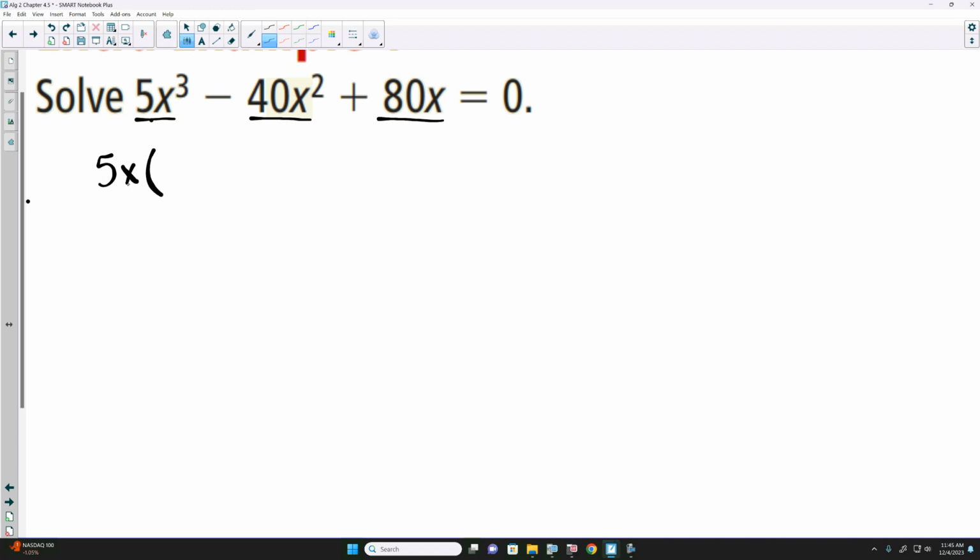And they all have a common factor of x. If we factor the 5 and x out of 5x cubed, we're left with x squared. Minus 40 divided by 5 is 8. If we take an x away from x squared, we're left with a single x. Plus 80 divided by 5 is 16. And the x factors out completely.